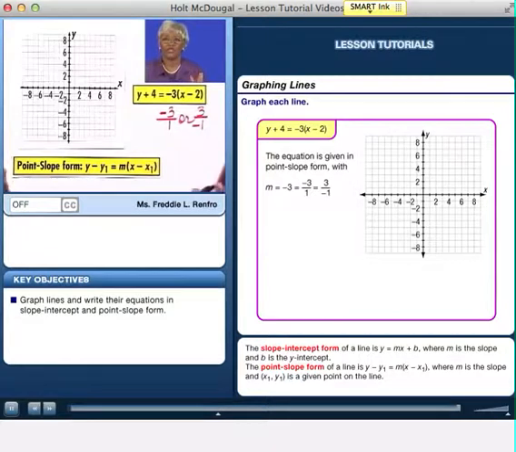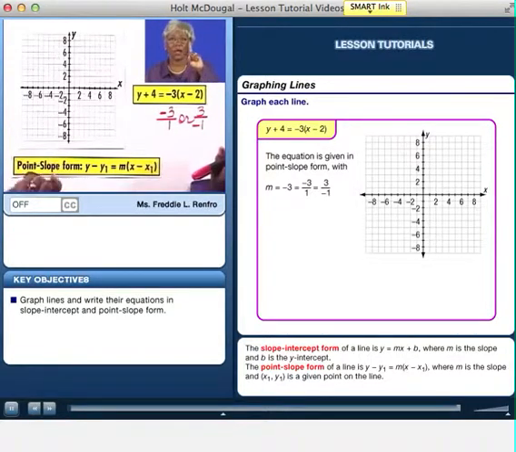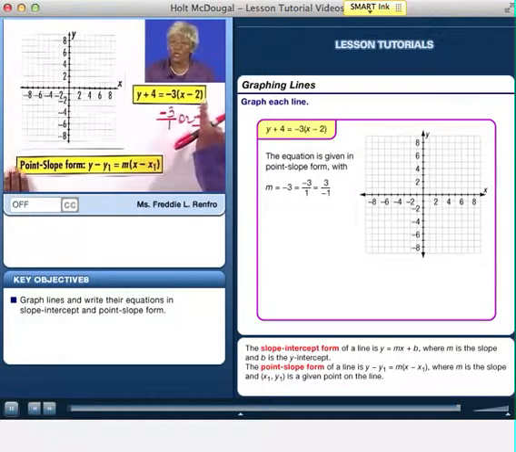All right. Just like we did before, we're going to first find a point. Well, in the point-slope form, which this equation is in, we can see that we have a point. Notice it says minus x sub 1. So 1 point, the x-coordinate is 2.